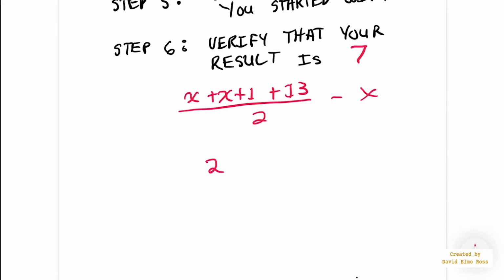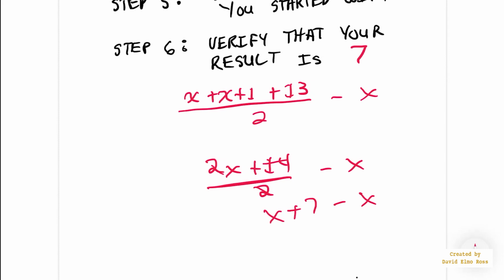So this is going to be 2x plus 14 over 2 minus the number you started with. So this is the same thing if we divide out the 2's again, and we're going to get x plus 7 minus the number we started with, which is x, and therefore we're going to end up with 7.